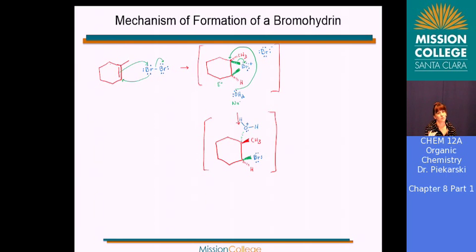Hopefully you said water. Water can act as a base, and it's very common that we see it act as a base. So I'm going to bring in another water molecule to act as a base to pull off a proton. So water is going to come in and pull off one of these hydrogens and put those 2 electrons onto that oxygen there. And so now let's draw our products. Kind of redrawing everything.